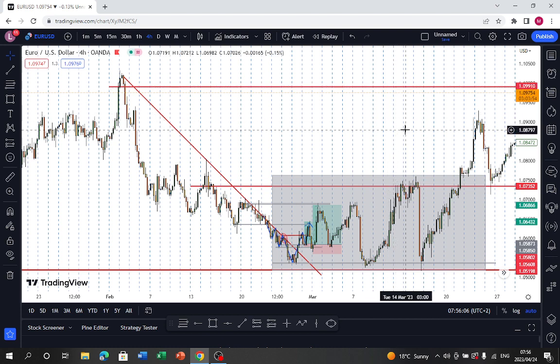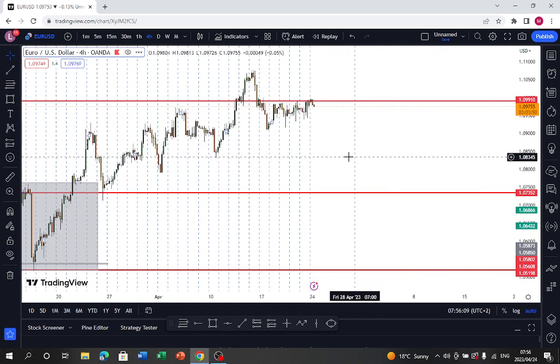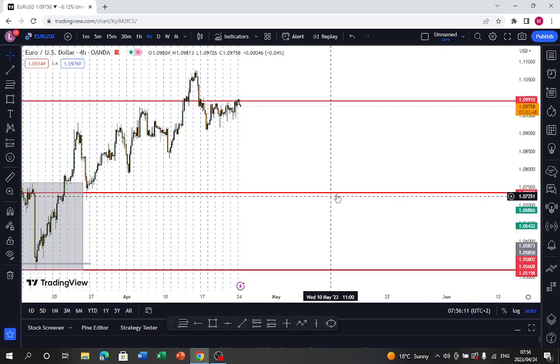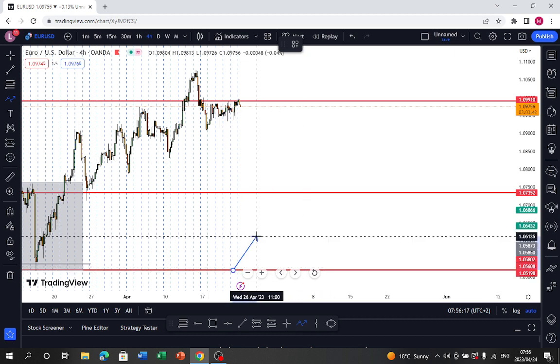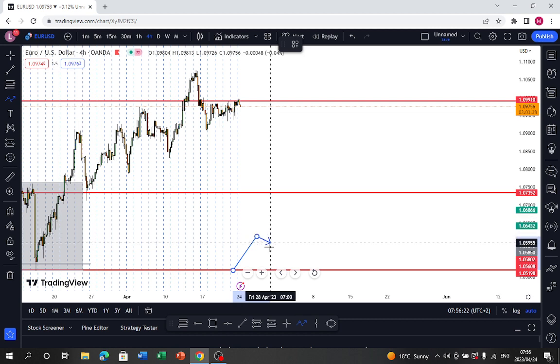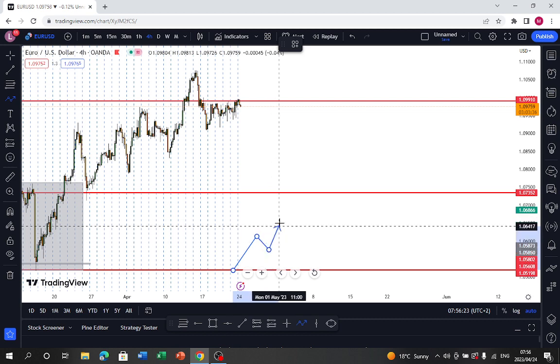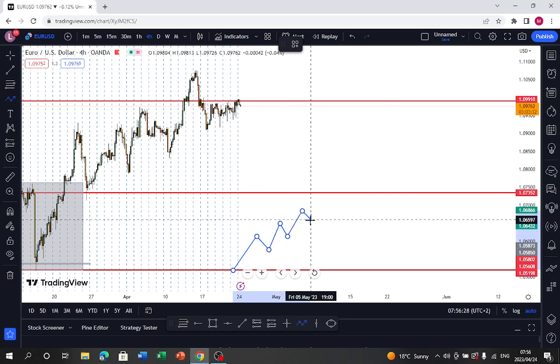So this is just a simple strategy, guys, that you can use using a small logic, right? When we are talking about it, these red lines are my daily ceiling and floor, right? But the trend obviously is gonna happen on a lower time frame, guys. You're not gonna see the daily candlesticks rising like this, right?